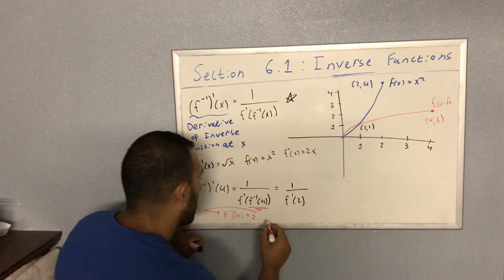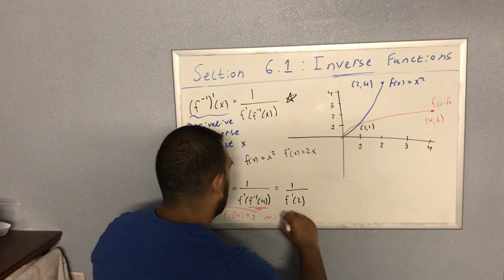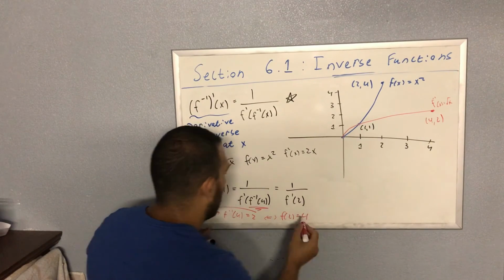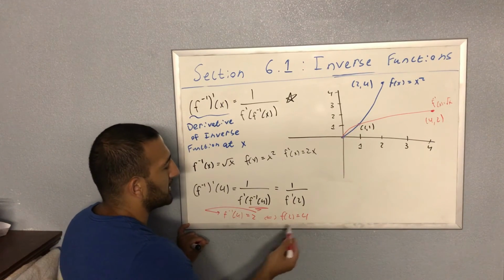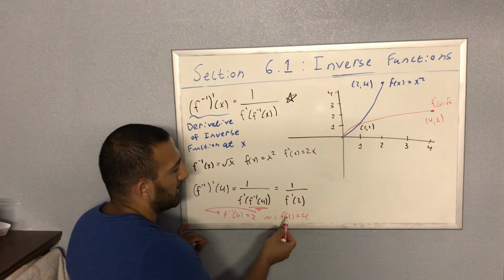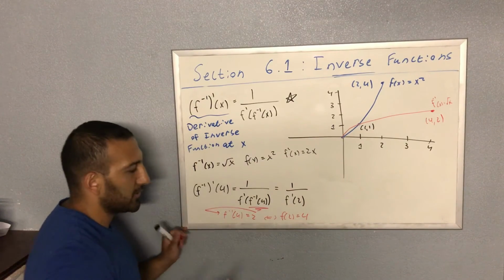And that is because this goes both ways. Because f inverse of 4 is 2, f of 2 is 4, and vice versa. Again, you can get these from the cancellation properties. And we know this, right? Because if you stick 2 into x squared, 2 squared is 4, and vice versa.